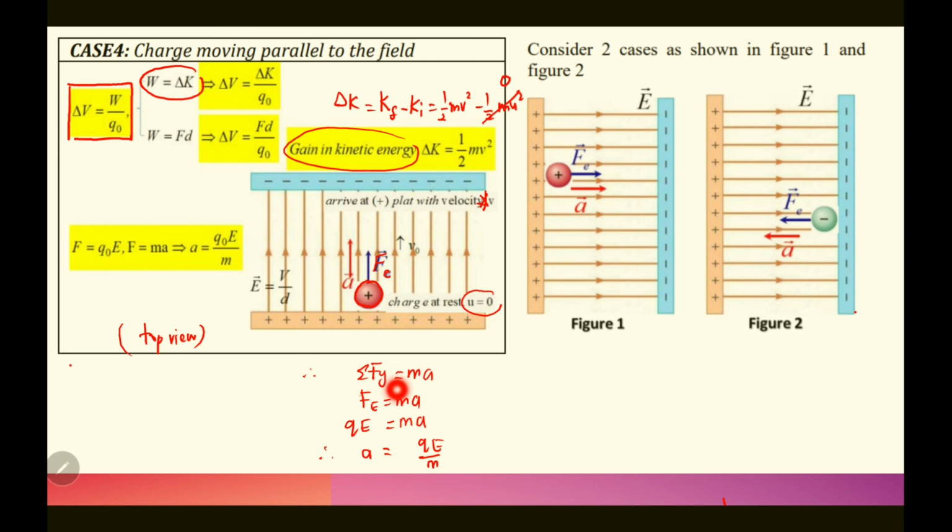And W also equals Fd, where F is the electrostatic force and d is the distance traveled by the electron. When we substitute these two equations of W into the equation for ΔV, we have two equations for potential difference: ΔV equals ΔK over Q naught, and also ΔV equals Fd over Q naught.